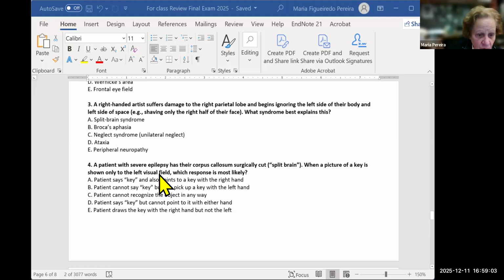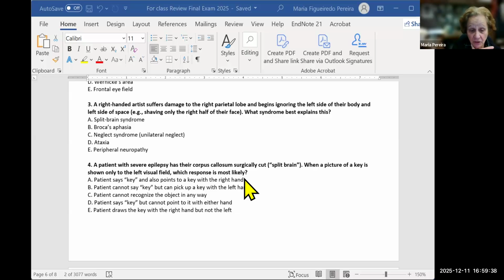A patient with severe epilepsy has their corpus callosum surgically cut, split brain. Now this one you have to think. A picture of a key is shown only to the left visual field, so only the left eye is activated. Which response is most likely? It goes through the optic nerve to the occipital lobe, then it cannot go to the left side.